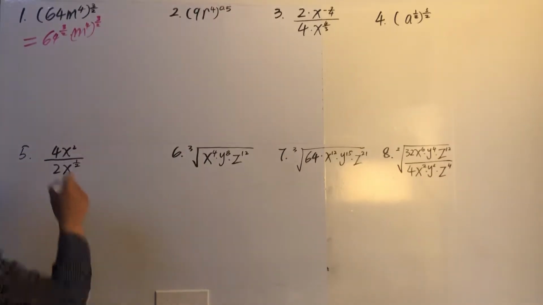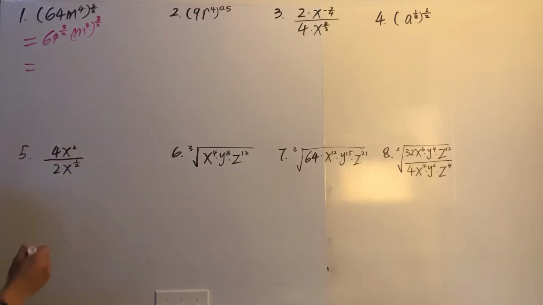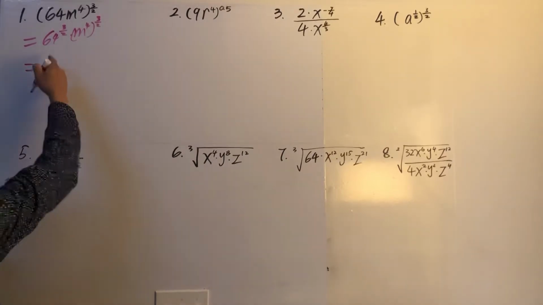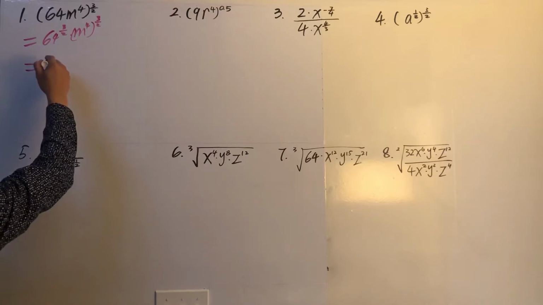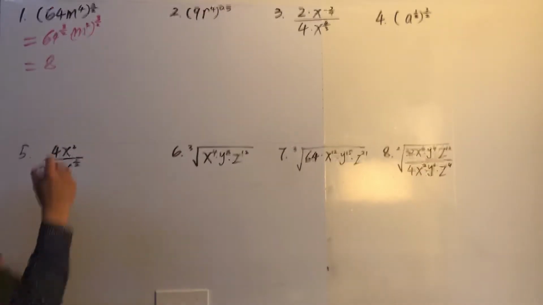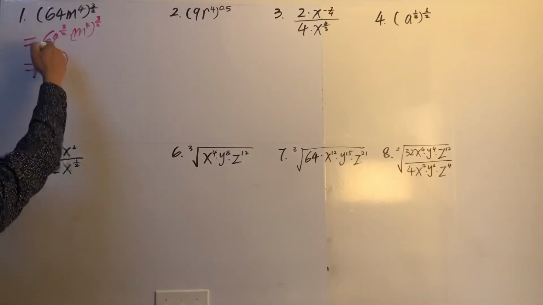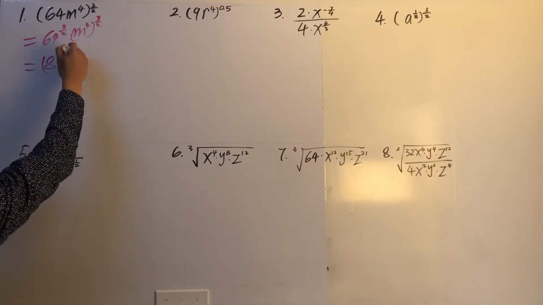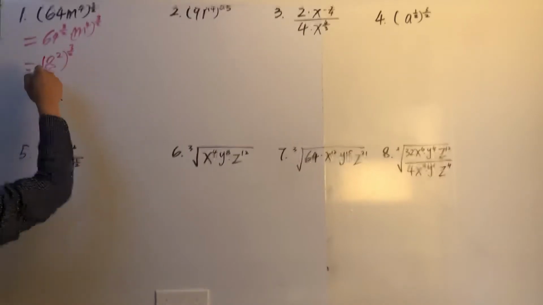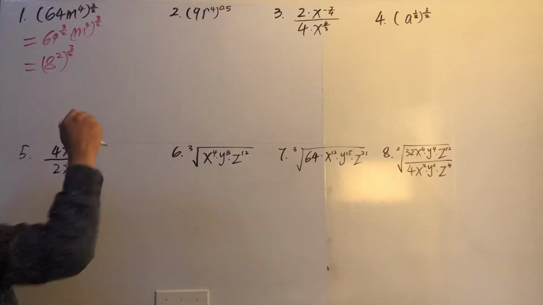I'm not sure how to use 64 to the 3 over 2, but the easy way is you can change 64 to 8 squared. 8 squared is 64, so you can change 64 to 8 squared and then 3 over 2. It's the same thing, but you just change the form.